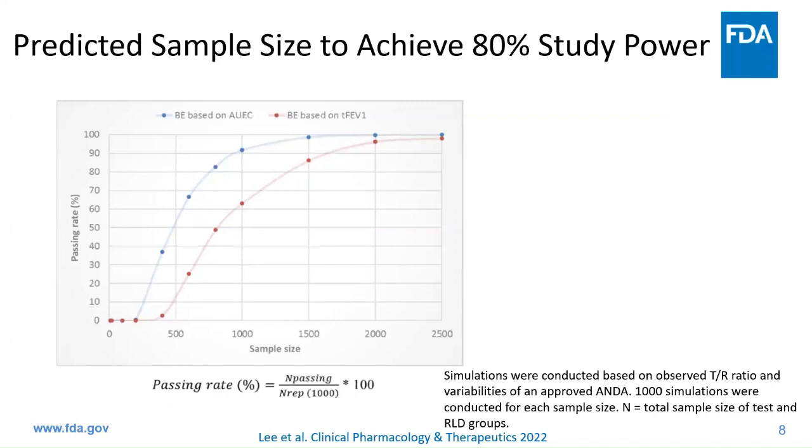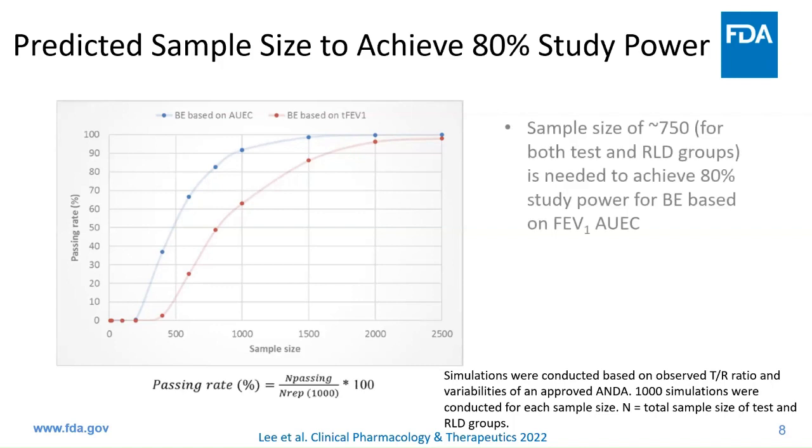This is the predicted sample size based on the variabilities we just saw. We took one example data set to perform the simulations and to calculate the passing rate based on the T/R ratio and the variabilities from that example data set. In the curves you can see, the red curve represents the trough FEV1, and the blue curve is the BE based on the AUEC.